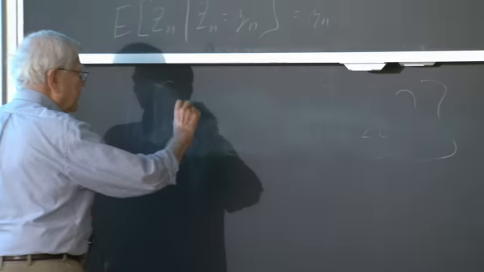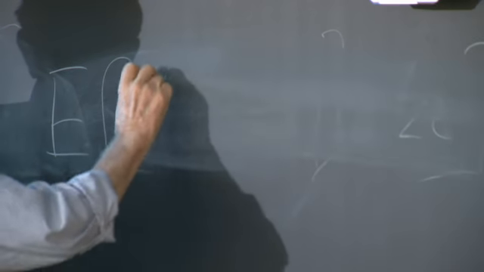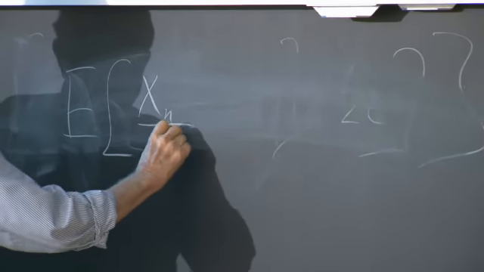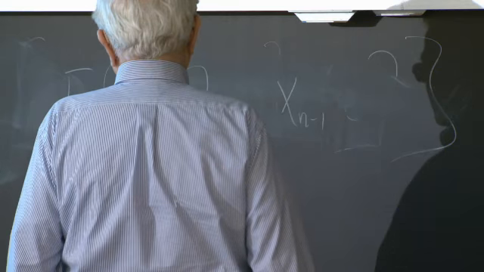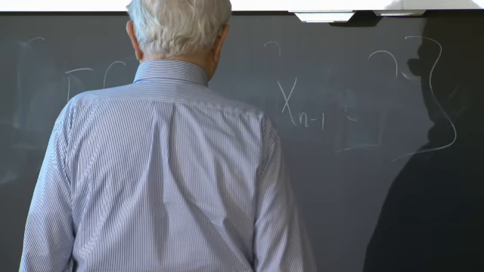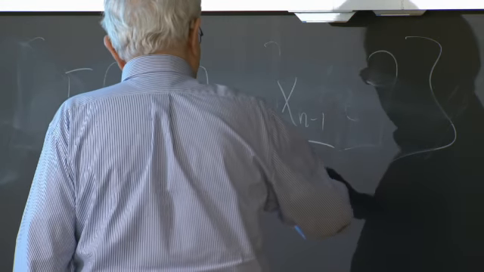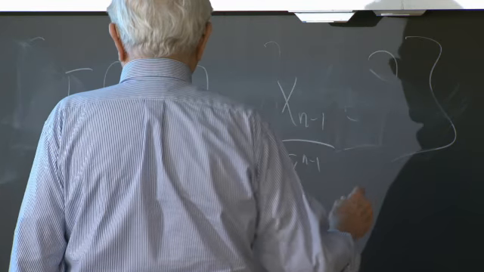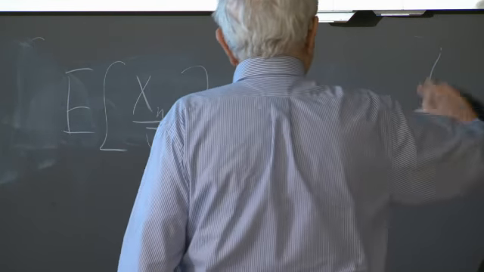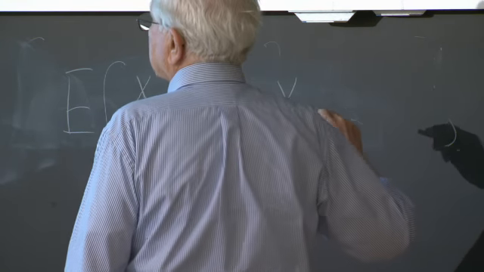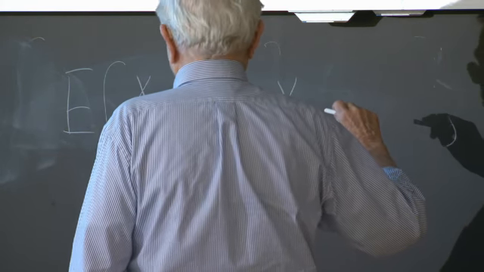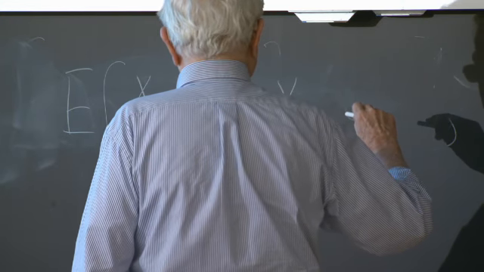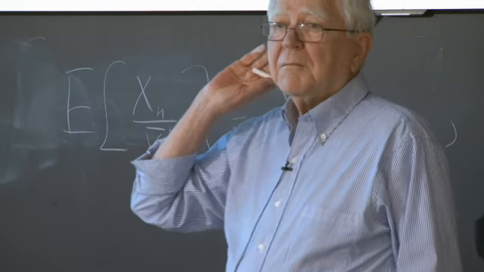The expected value of X n divided by Y bar to the n is going to be equal to X sub n minus 1 over Y bar to the n minus 1 times... We need to compute the expression given X n minus 1, X n minus 2, until X 1.